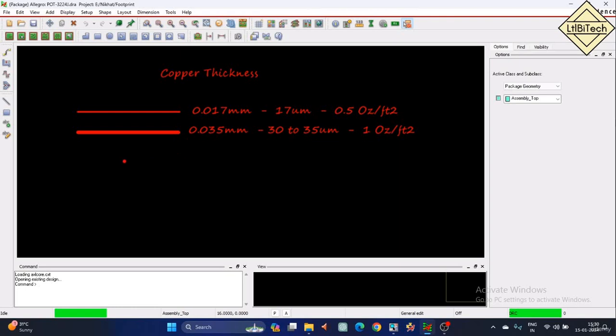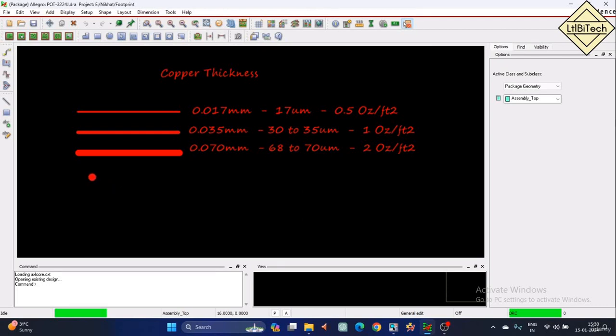And then the third one is a little bit thicker compared to the second one, which is 0.07 mm. It falls between 65 to 70, or 68 to 70 micrometers in thickness, and this is around 2 ounce per square foot.